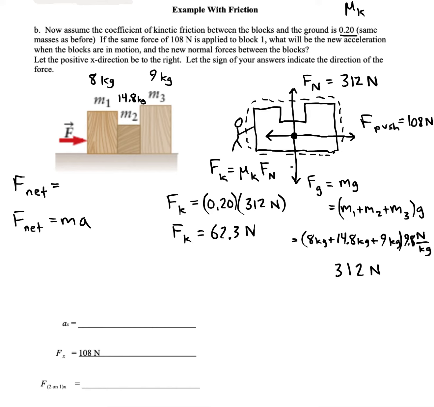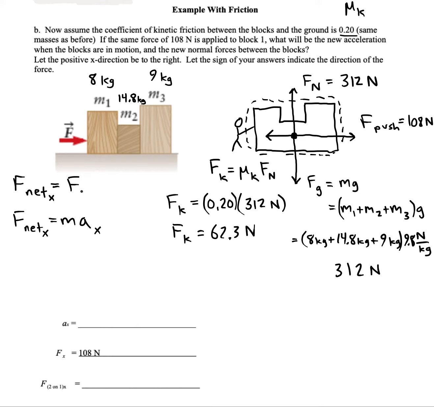We don't really care about the y dimension though, because we can see clearly those forces are balanced. So what I really need is the net force in the x direction. That's what matters to the acceleration. I know the acceleration in the y dimension is 0, but I want to calculate the x component of it. So for that, we want to sum the forces.